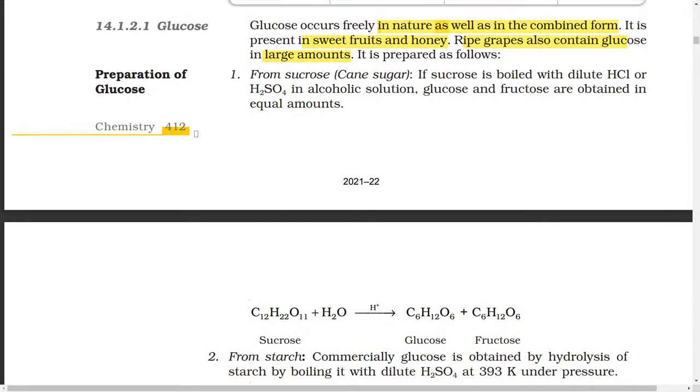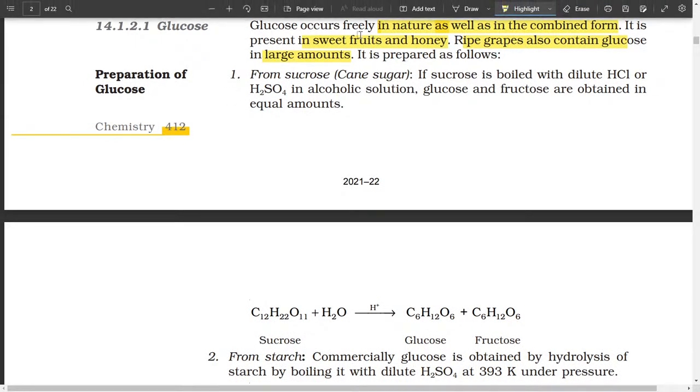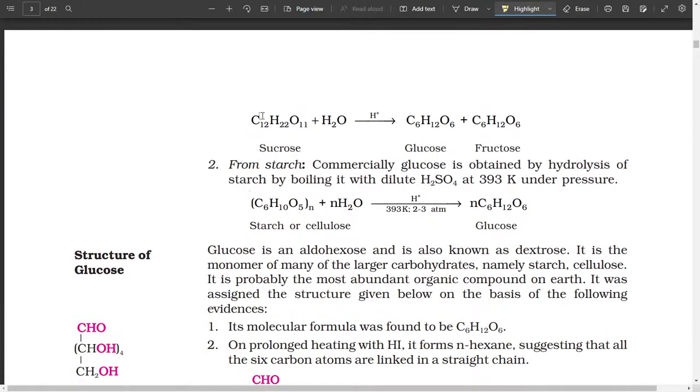From cane sugar: if sucrose is boiled with dilute acid, HCl or H2SO4, in alcoholic solution, glucose and fructose are obtained in equal amounts. C12H22O11 plus H2O in the presence of acid gives C6H12O6 and C6H12O6.